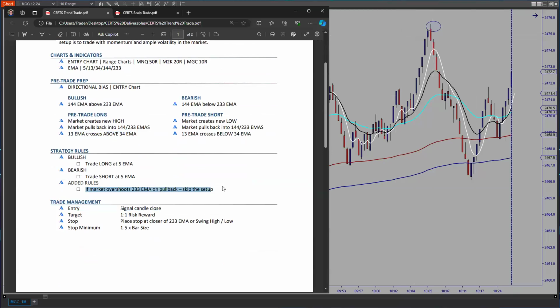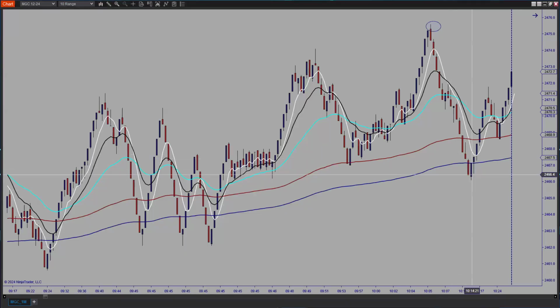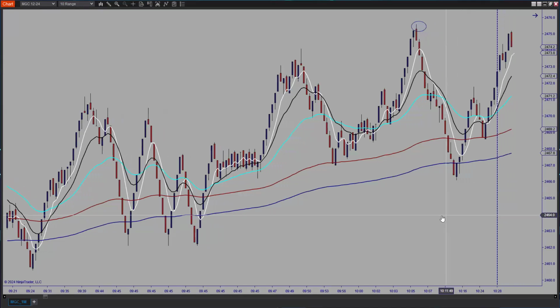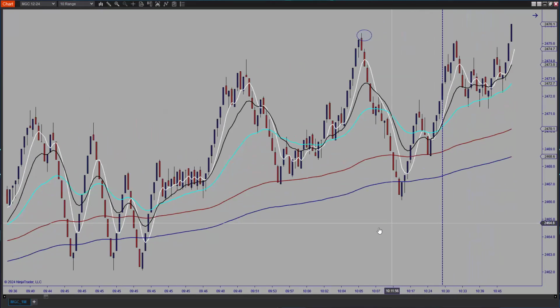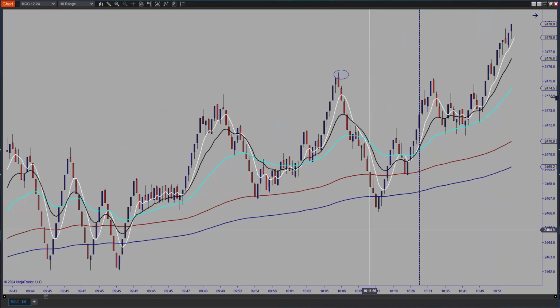But what about if the market overshoots the 233 on the pullback? Skip the setup. Yeah, exactly. All right, Calvin. Exactly right. So this one, it's one candle below. Do you want to trade it? I don't know. That's up to you. Personally, I skip them. If it overshoots, if it's like a tick or two, no big deal.